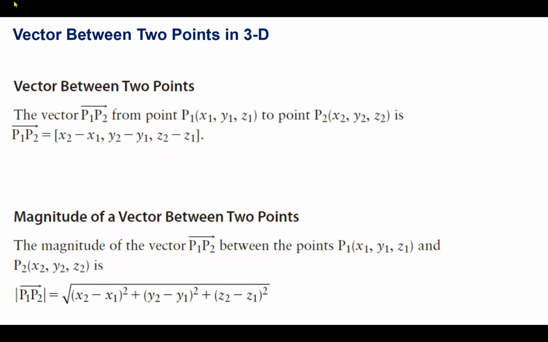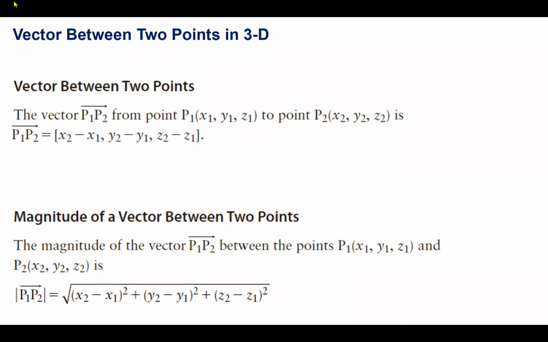The vectors between 2 points in 3D. First, the vector between 2 points. The vector P1P2 from point P1, whose coordinates are x1, y1, z1, to point P2, whose coordinates are x2, y2, z2, is vector P1P2 equals (x2 minus x1, y2 minus y1, z2 minus z1).